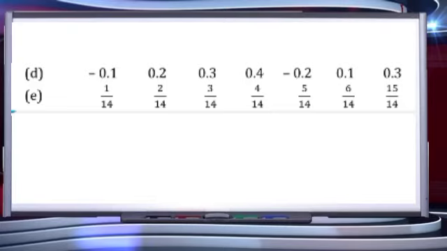Similarly, for part E, as you can see, the rest of the probabilities are lying between 0 and 1, but the last probability, that is for W7, is 15 over 14, which is again greater than 1. Hence again this assignment is not possible. I hope you have understood how the properties of probability are used.